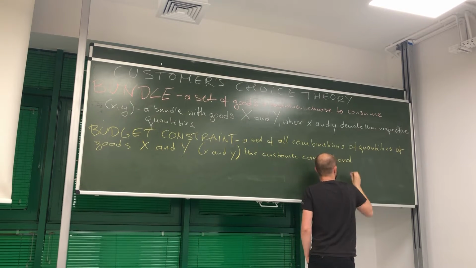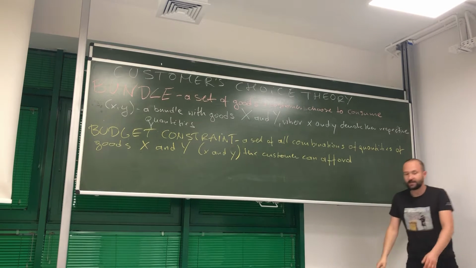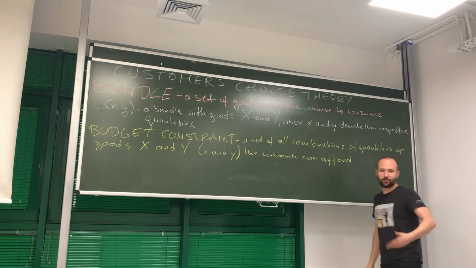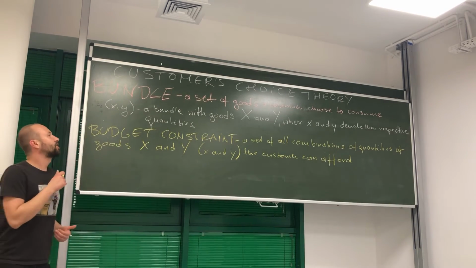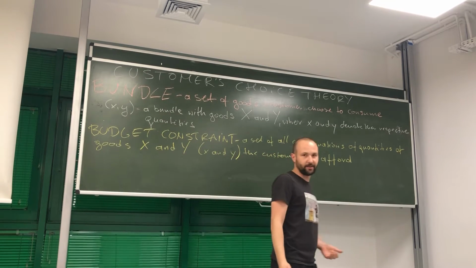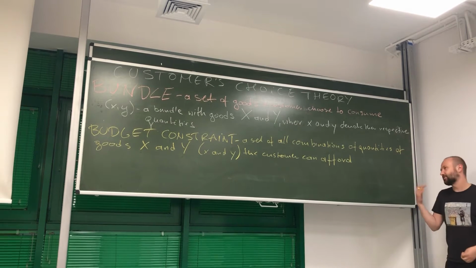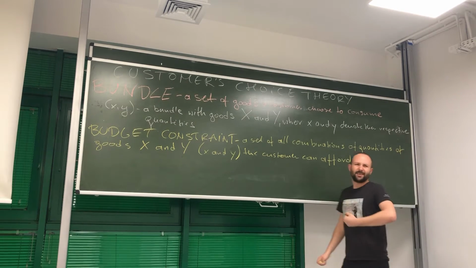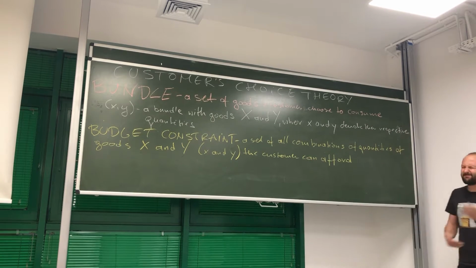And now, look, we're going to assume the customer spends his or her entire income. Introducing here savings, like taking a loan, would mean we would have to go into intertemporal choice, which we are going to deal with in the next semester.